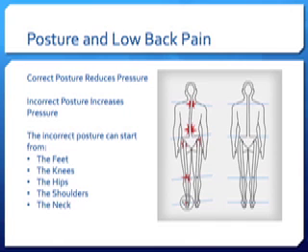Because as we start correcting those, now not only joint alignment, but also muscular imbalances. So we may have overactive and tight muscles on one side of the body. We may have underactive and slightly looser and longer muscles on another side of the body. So we have to start readdressing these imbalances. Now, again, that can stem from the feet, it can stem from the knees, the hips, the shoulders, and the neck.